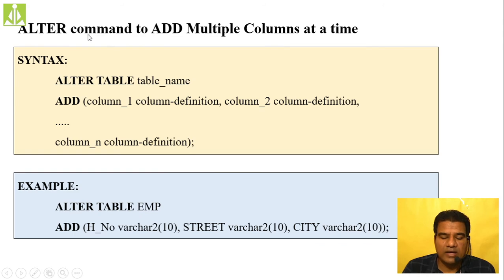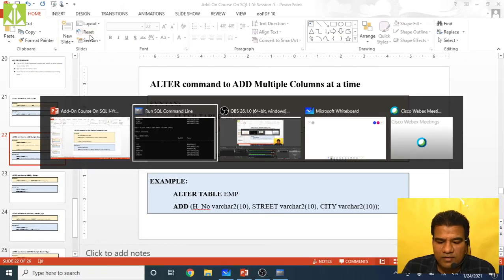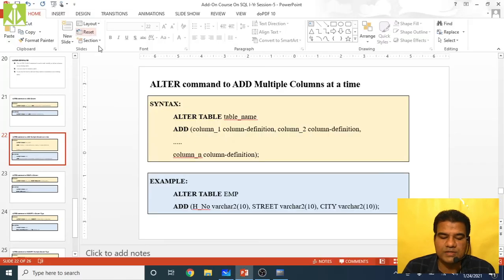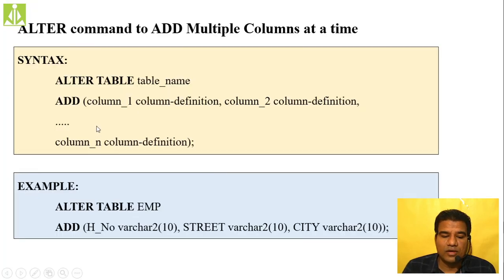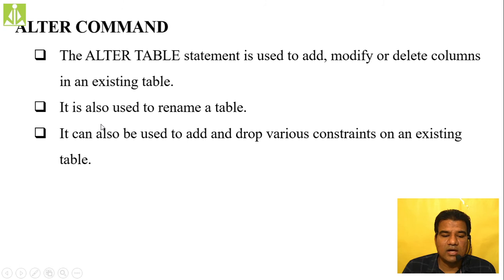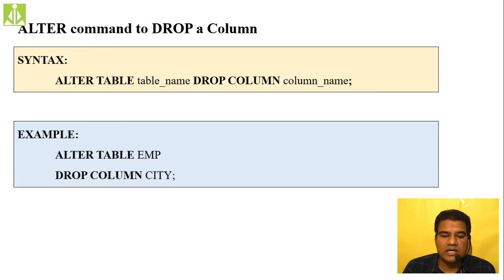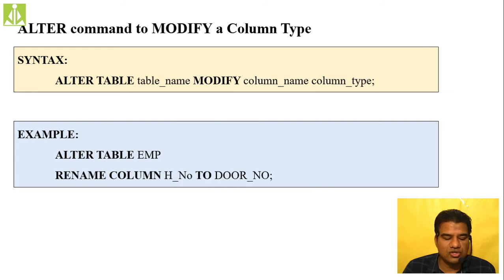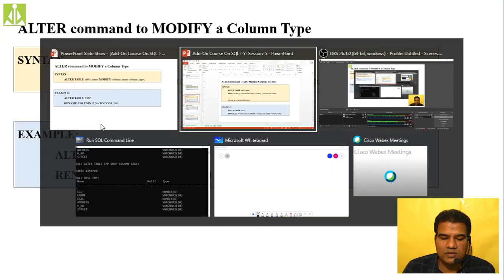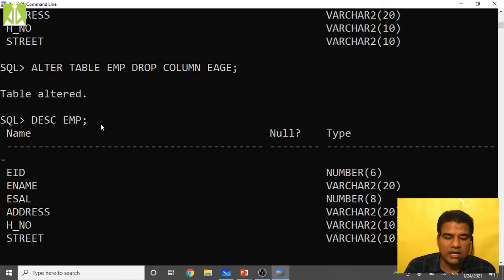It is already more than an hour, 46 minutes, so we have some time. So what I said: alter command, adding a column, adding multiple columns, dropping a column, and I think dropping multiple columns is not possible. We'll see. Let us say I want to delete house number and street.